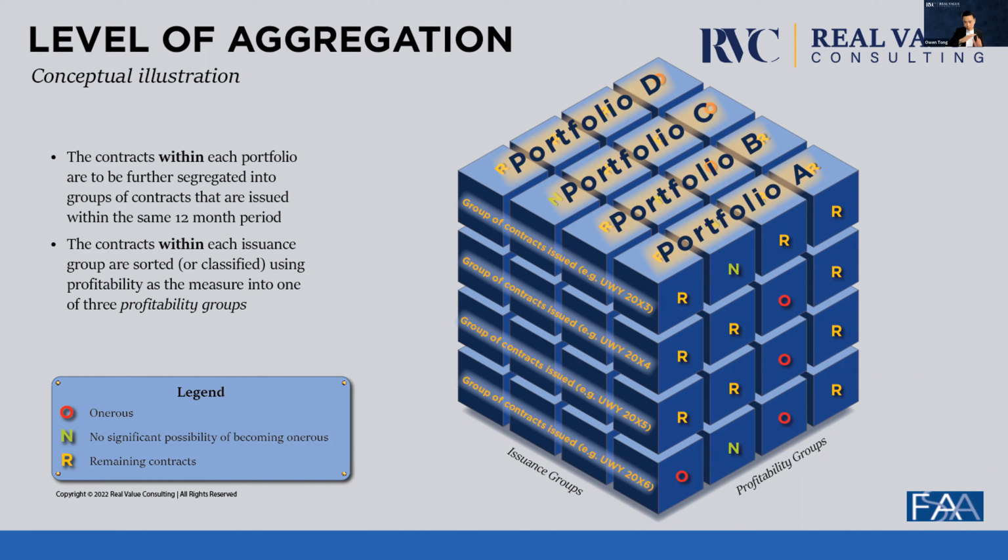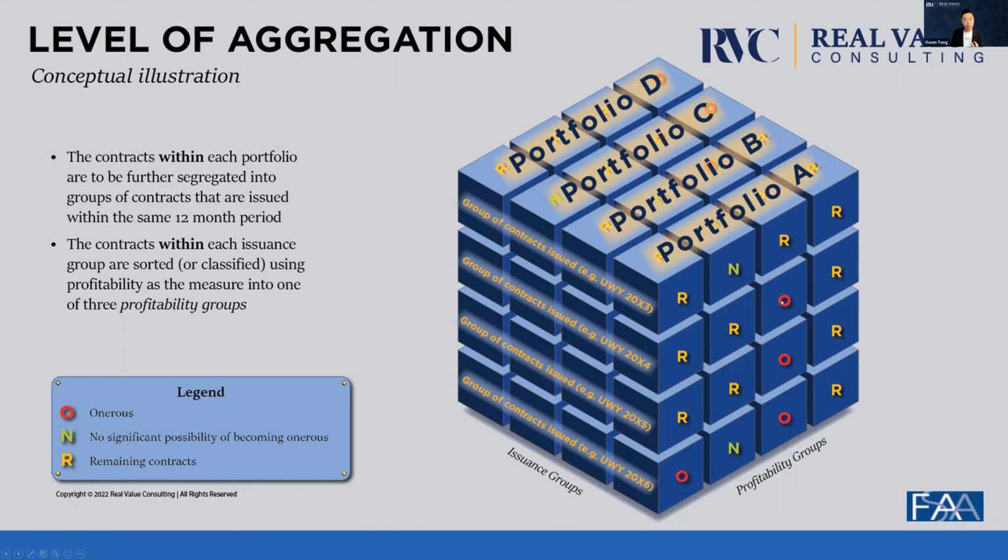Now, each one of these subcubes is that lower level of grain that I'm talking about. And once you've determined that your policy fits in there, you can see the gaps I've put between those little cubes. That policy doesn't hop into a different category. That one cube over here tagged R means remaining contracts, or O means onerous.